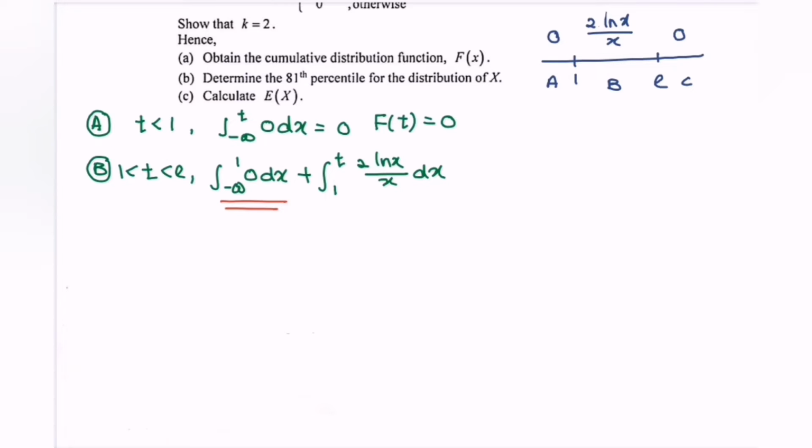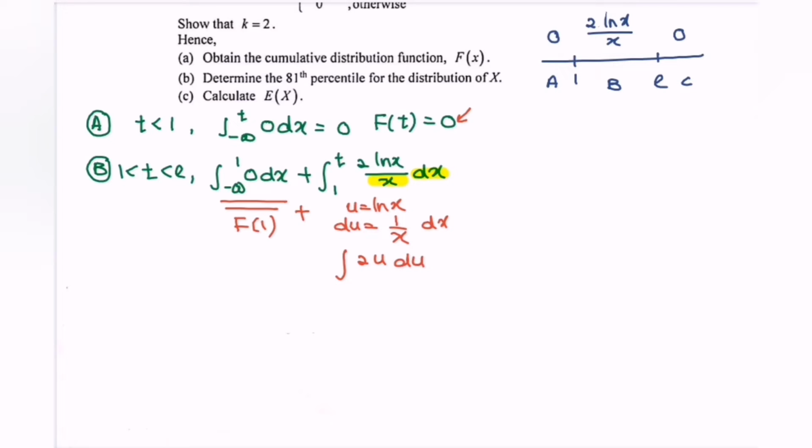Referring to part A, we can substitute F(1), which is equal to 0. Continue, plus we integrate by the substitution method. Let u equal ln x. Differentiate with respect to x, and we will have 1 over x. We notice that 1 over x dx is equal to du. So kindly substitute: integrate 2u du.